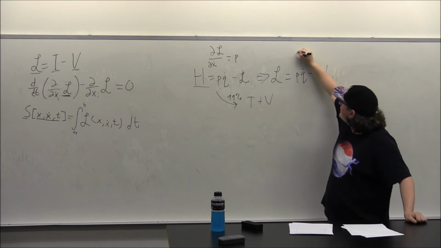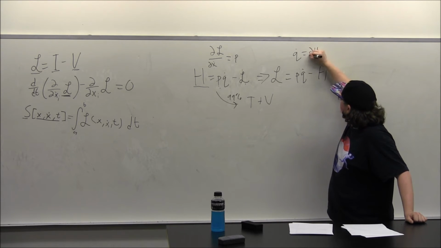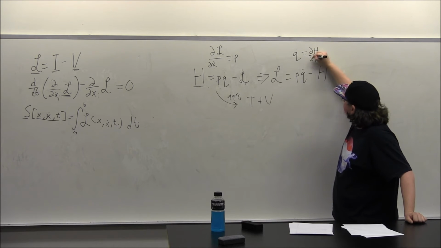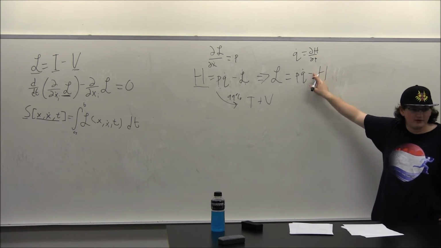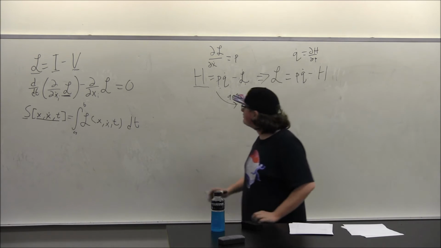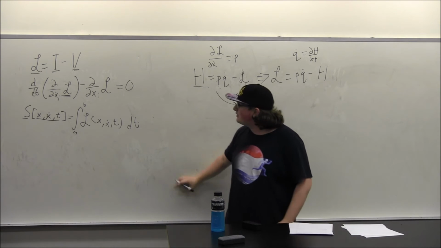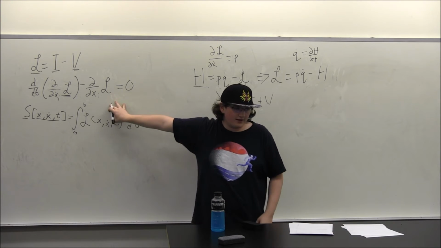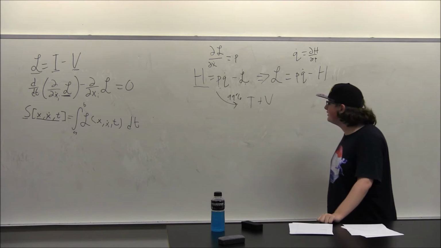That means that q dot is going to be partial H over partial p. This equation will become important in a moment. But let's actually use this property of the Hamiltonian and plug it into this equation and see if we can figure out the equations of motion.